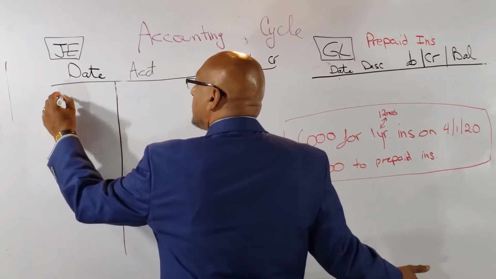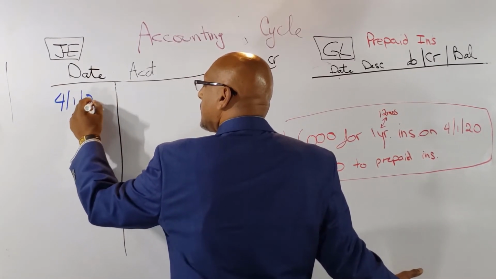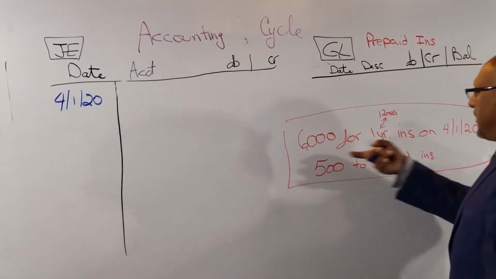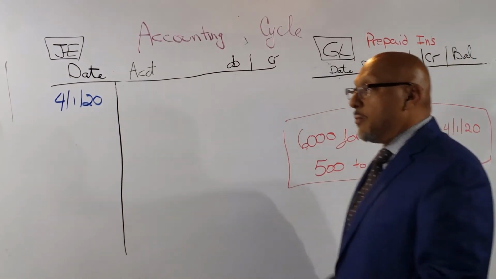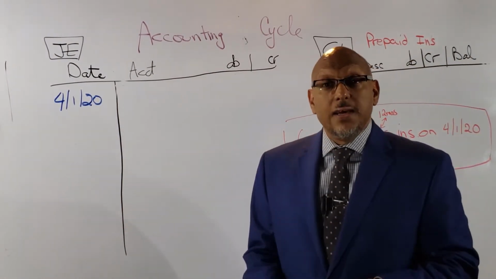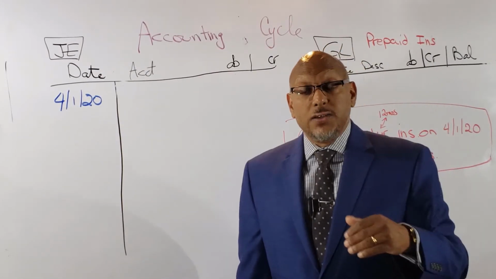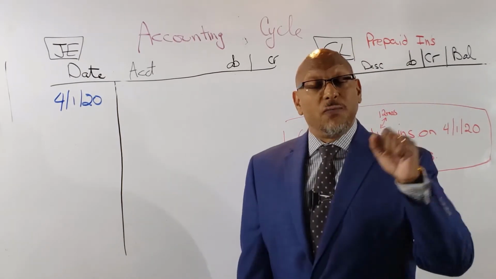Just as a reminder, on 4/1, what two accounts were used when we did this transaction? Well, we paid the insurance, and it was prepaid for the coming year, but we'll use April 1st as our date.